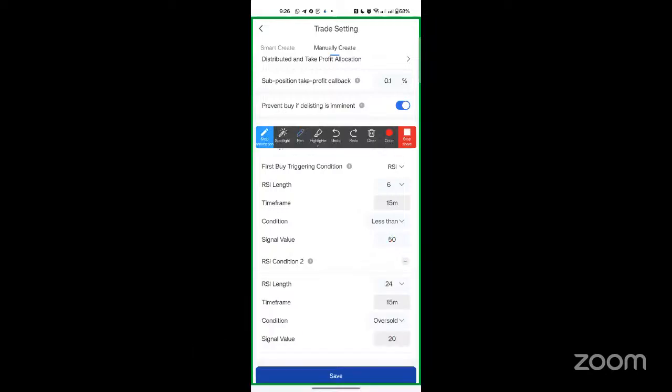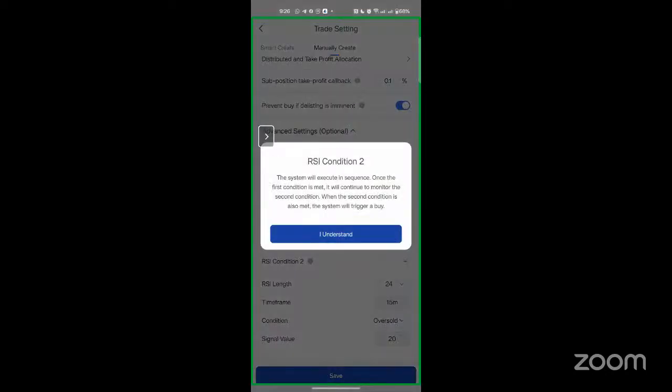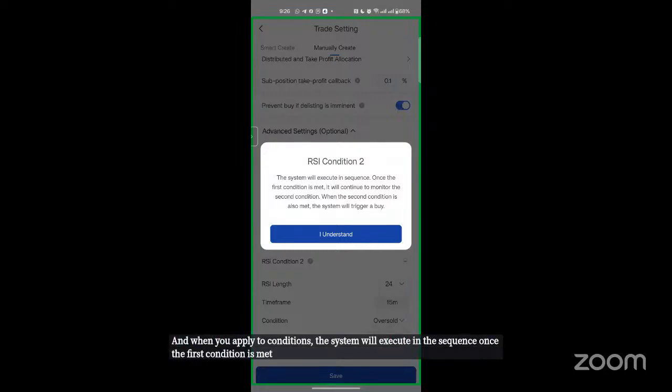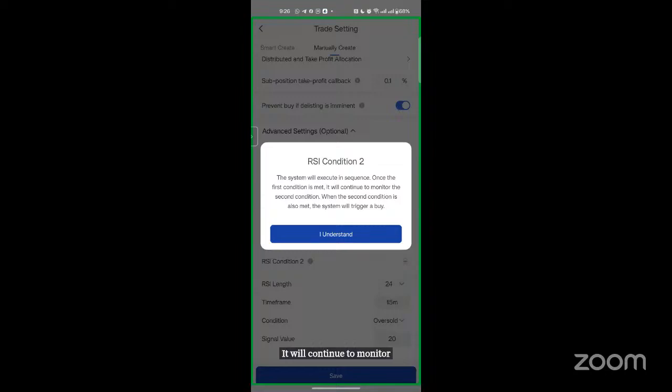You can also say, I want to apply 2 conditions. When you apply 2 conditions, the system will execute in sequence. Once the first condition is met, it will continue to monitor until the second condition is met. When the second condition is met, the system will buy.